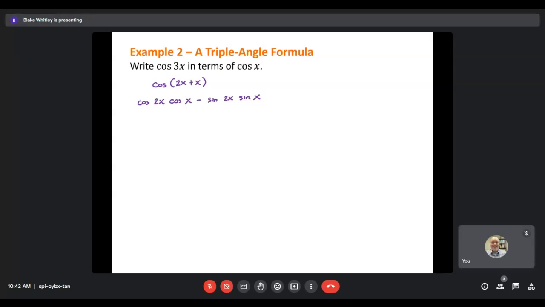So cosine of 2x, since I'm trying to get everything in terms of cosine x, I'm going to use the one that's in terms of cosine again. So that's going to give us 2 cosine squared x minus 1 times cosine x. Sine of 2x, I only have one option. That's 2 sine x cosine x. And then I still need to multiply by sine x.